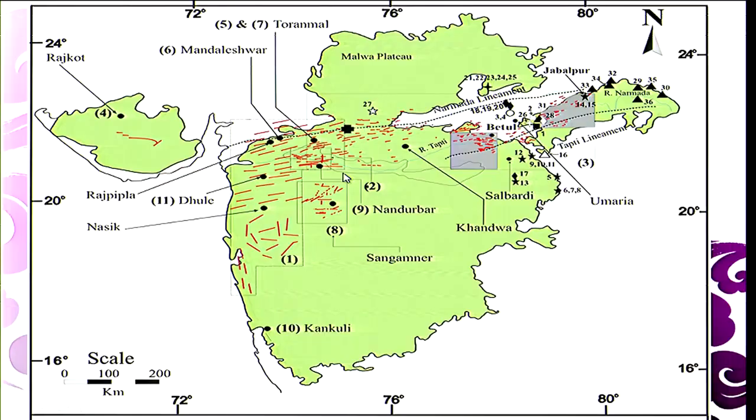In the Deccan volcanic province, this green colored area is lava flow covered, but in this lava flow covered area, the red colored area is in the form of dikes. These are the intrusions, and the commonest trend of these intrusions is almost east-west, which is comparable to the east-west direction of the Narmada-Son lineament.